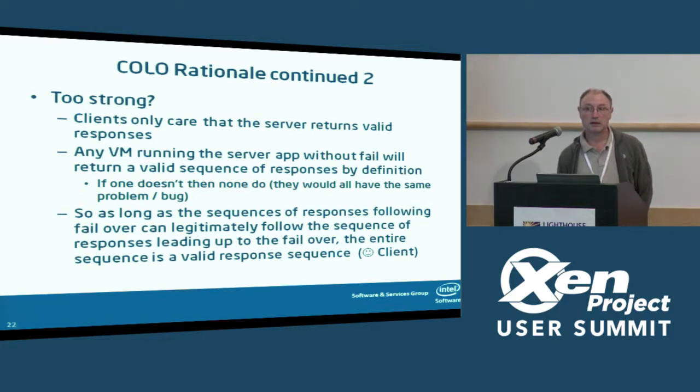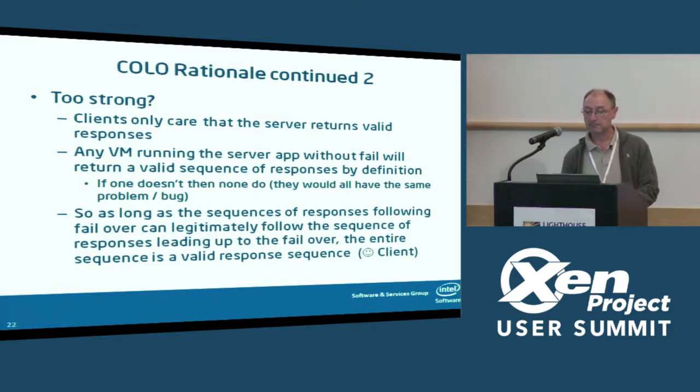But that's actually stronger than we need, as we were just talking about in terms of the client sequence and what response it gets. The customers only care that they get a valid sequence. They don't really care that the state of the machine is exactly the same.